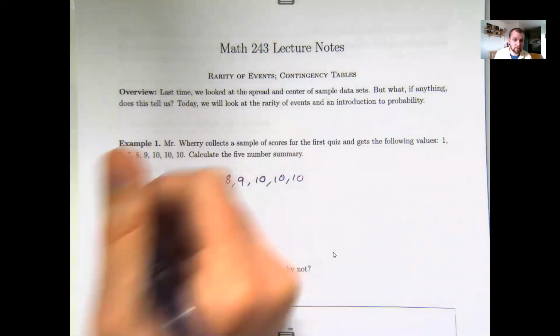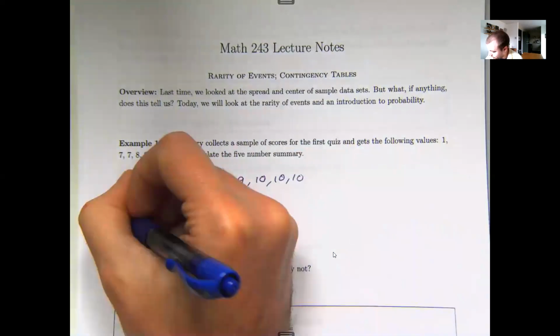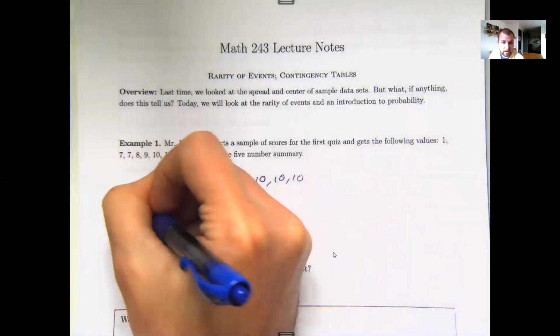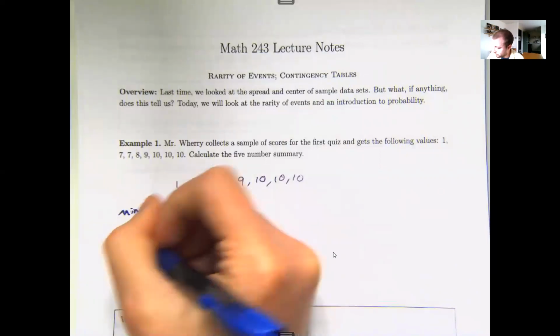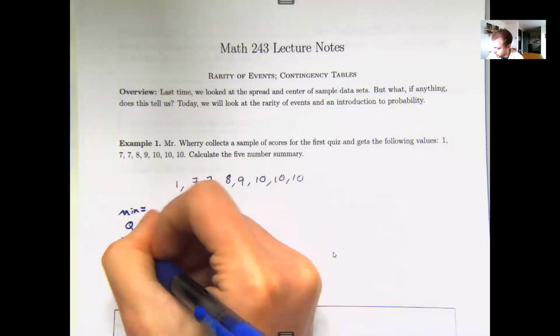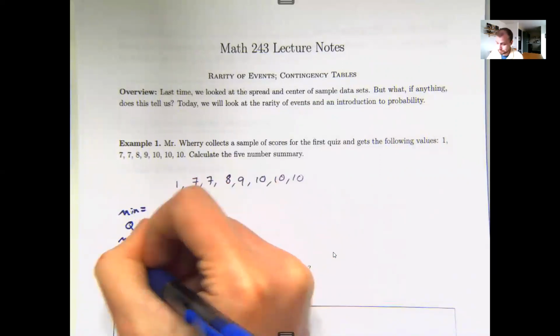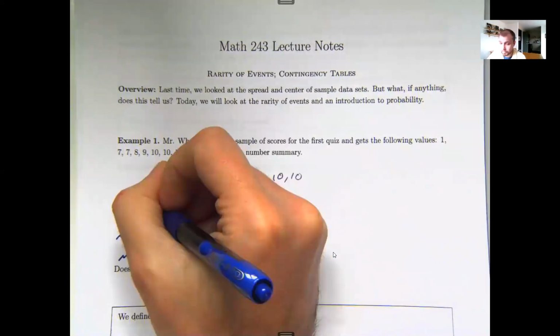Reminder, the things that go into the 5-number summary: you're going to have the smallest value that shows up in your list, that's the minimum. You're going to have the first quarter mark, the middle number, the median, the third quarter mark, and the maximum. So looking at this, my smallest number is 1.